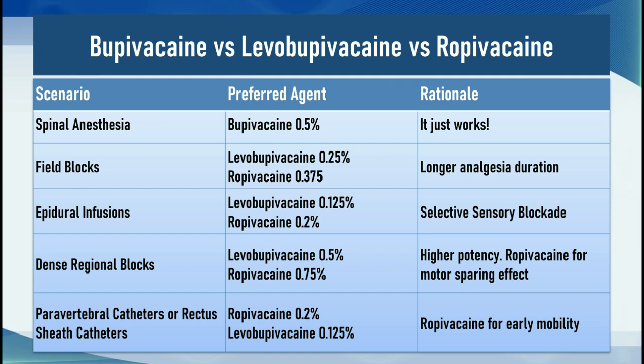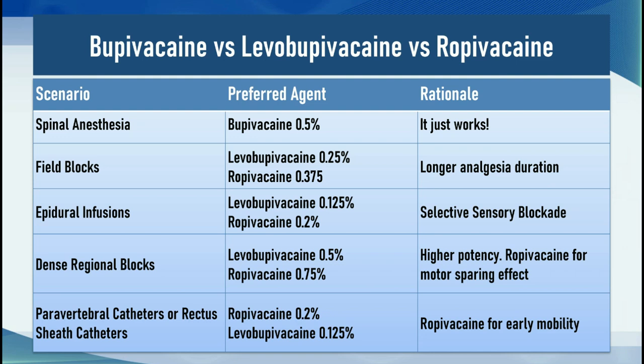The alternative is ropivacaine 0.2% with fentanyl. For dense blocks, levobupivacaine 0.5% or ropivacaine 0.75%. This is the higher potency, and if you're looking for motor sparing, you will choose ropivacaine over levobupivacaine.